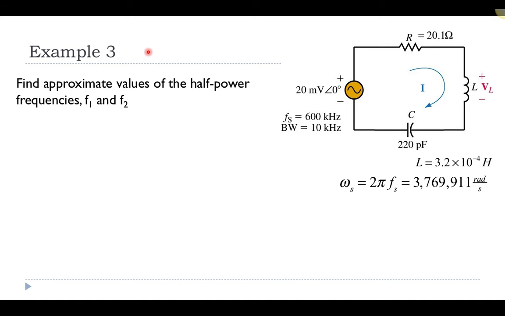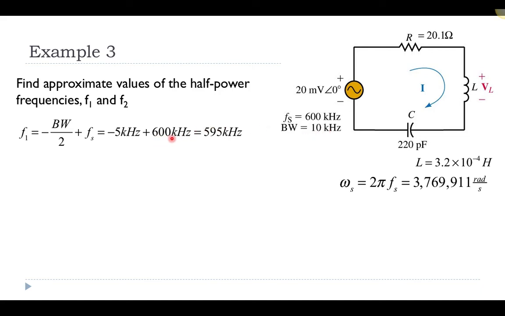We can also find the approximate values for the half power frequencies, the lower frequency F1 and the upper frequency F2. We can do that using the approximate method because we know what the bandwidth is and we know what the resonance frequency is. The lower frequency is just going to be the resonance frequency subtracting off half of the bandwidth. Half of the bandwidth is 5 kilohertz.